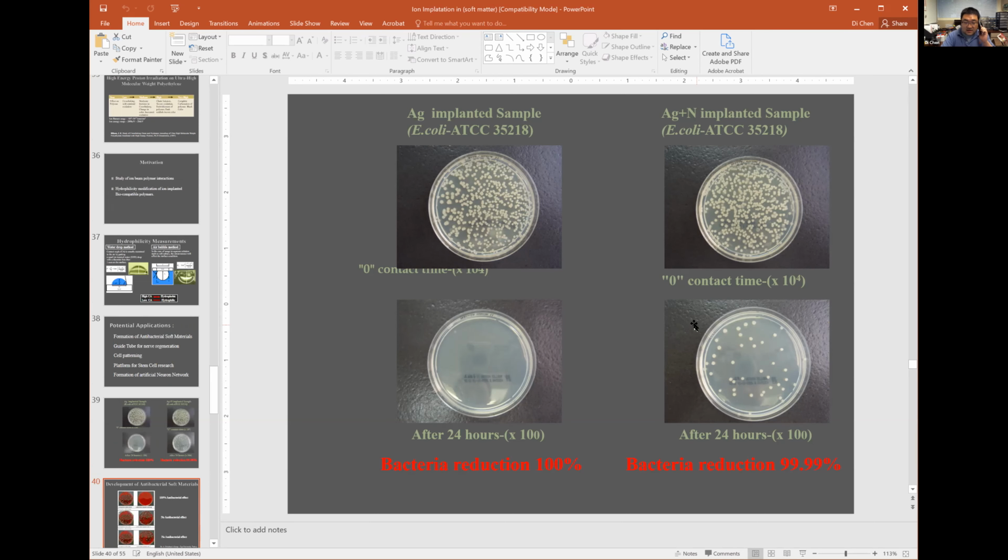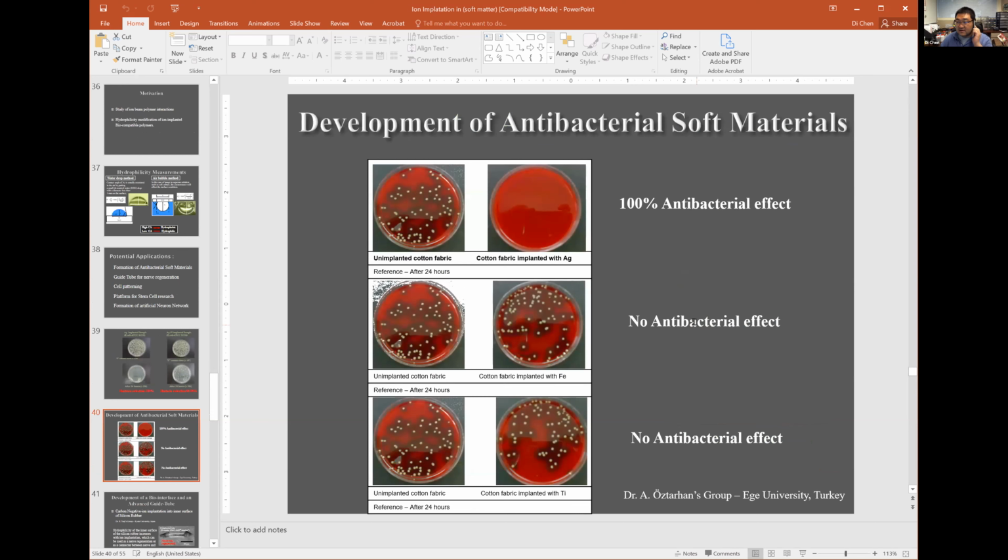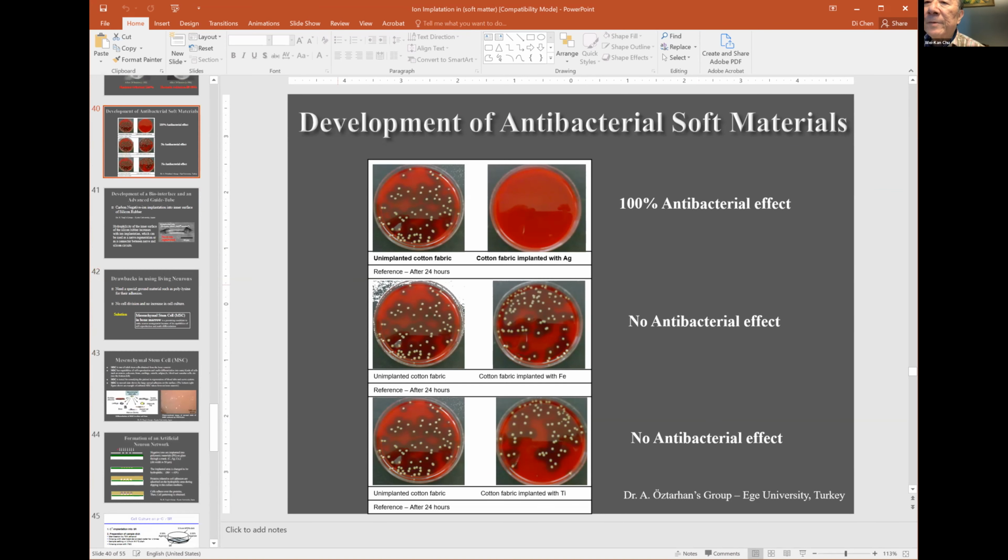Next view graph. Okay, here's another example. If you don't have this antibacterial silver implant, the bacteria start to grow just as is. But if you have implantation of silver, and this is a cotton fiber, you implant the cotton cloth, then this cloth turns out to be antibacterial.